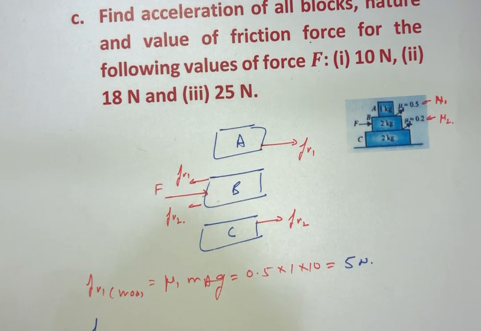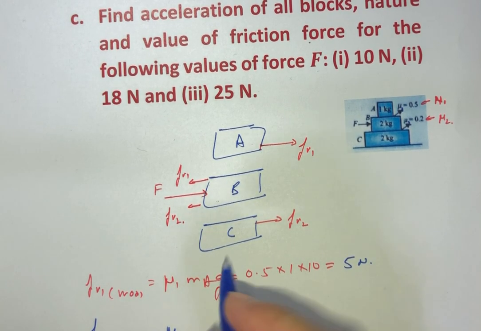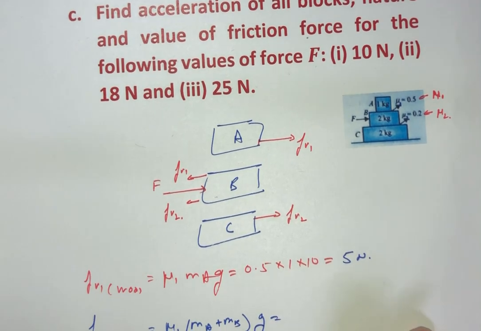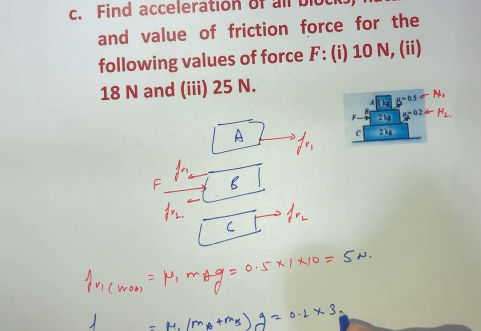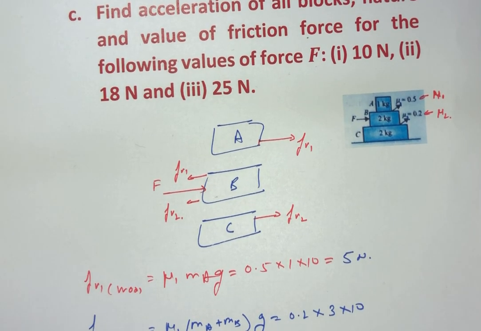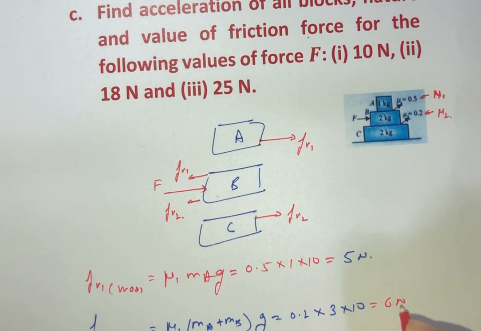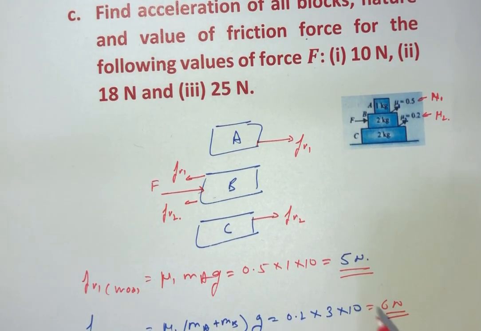Similarly, Fr2 max is mu2 times the mass of A plus mass of B, times g, and mu2 is given as 0.2. This is 1 plus 2, that is 3, times 10, so we get 6 Newtons. So these are the limiting values of the friction Fr1 as well as Fr2.